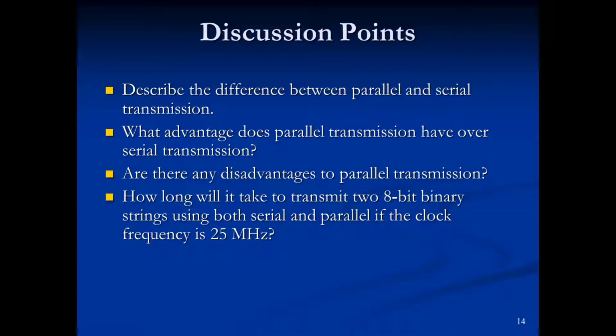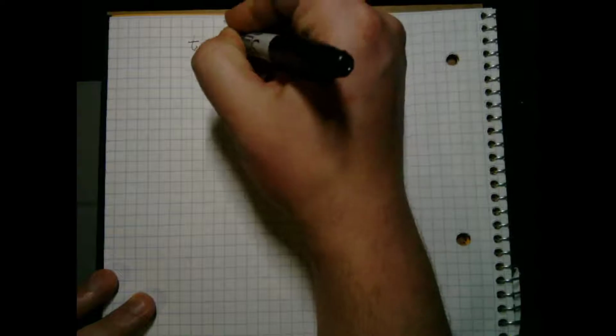So the last point they mention is more of an exercise in some calculations. They're asking how long it'll take to transmit two 8-bit binary strings, so a total of 16 bits, using both serial and parallel if the clock frequency is 25 megahertz. They're asking how long it will take, but they give us a frequency. So we're going to have to go back to our method of calculating period based on frequency, which is our 1 over frequency formula.